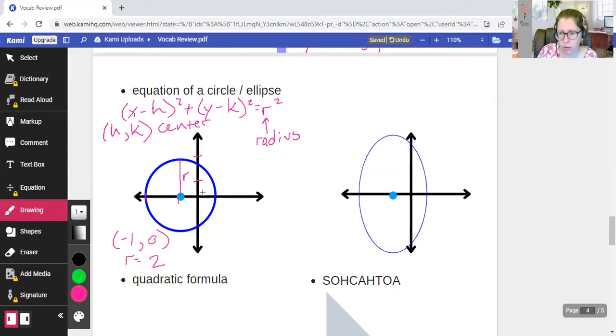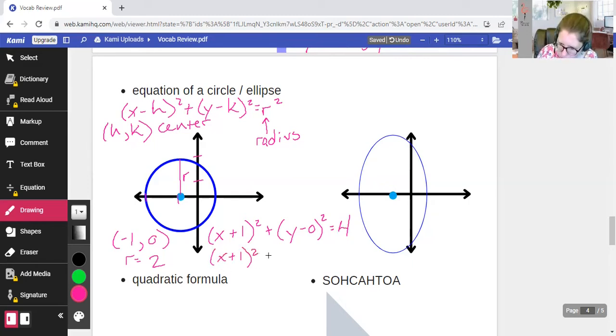So that means that the formula would be written as x plus 1 plus, all right, and I can write y minus 0, or I could just write y equals what? 4, right? All right, and let me just go ahead and write it the other way.